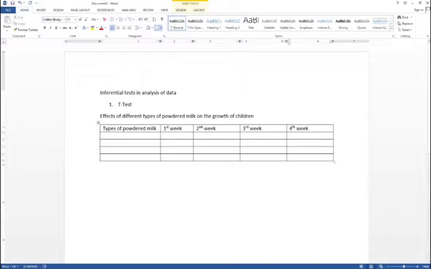So the weight as you take, let's take the different kinds of powdered milk.